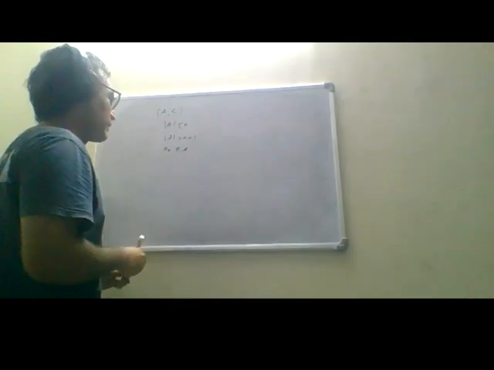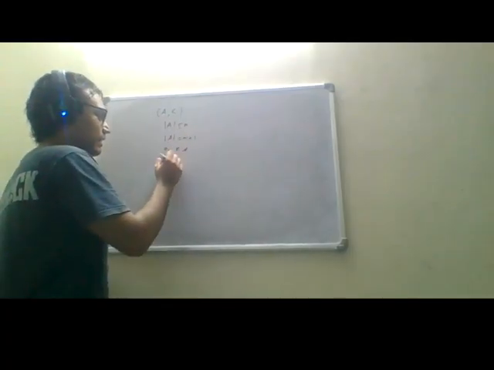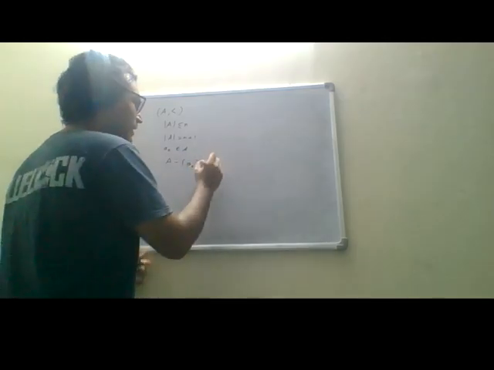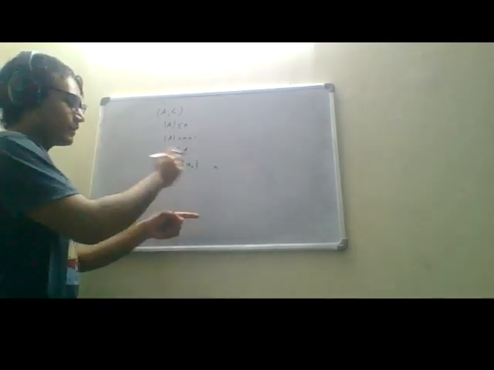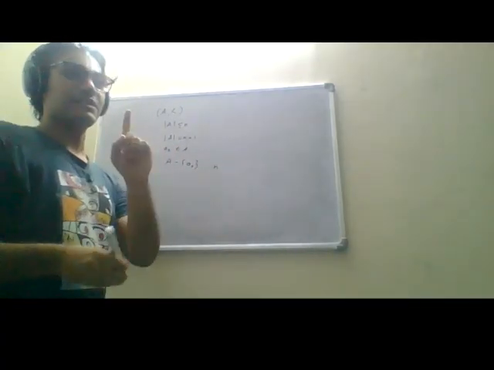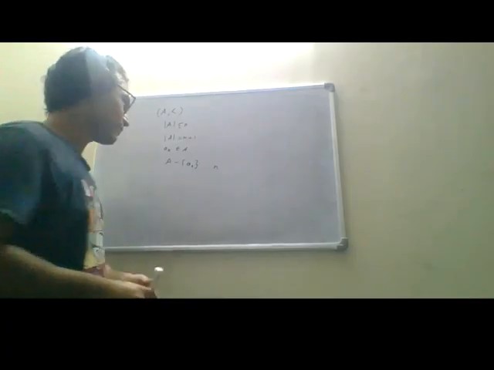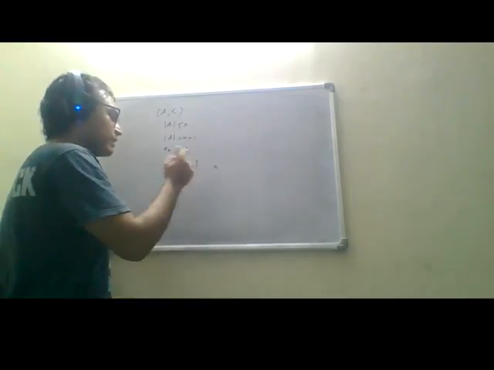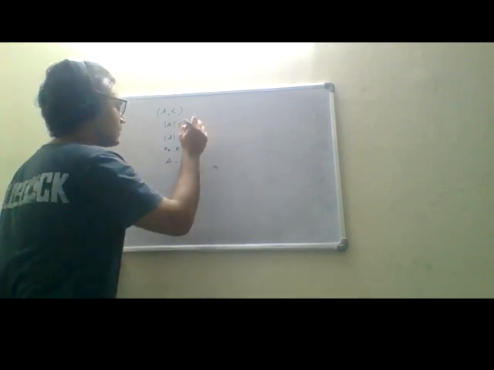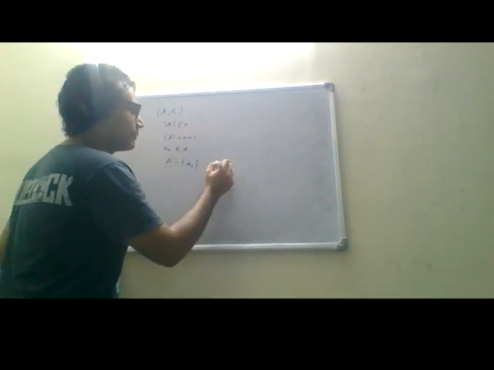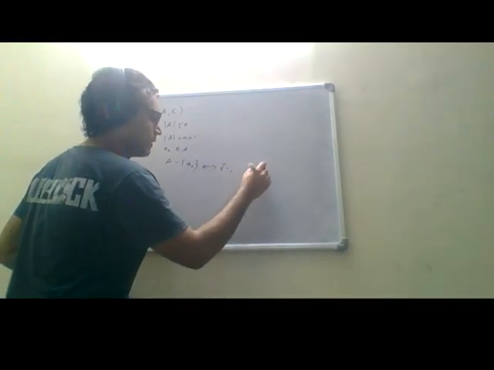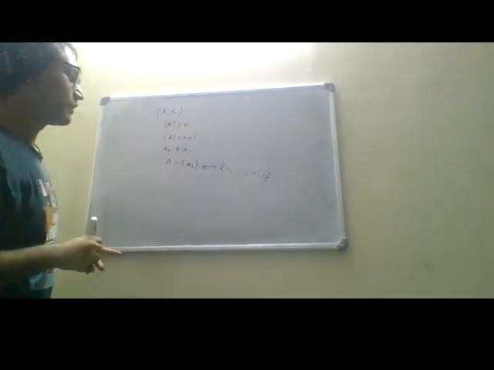Now, A minus a naught has cardinality n, so it has a bijective correspondence with the set from 1 to n, by the theorem.